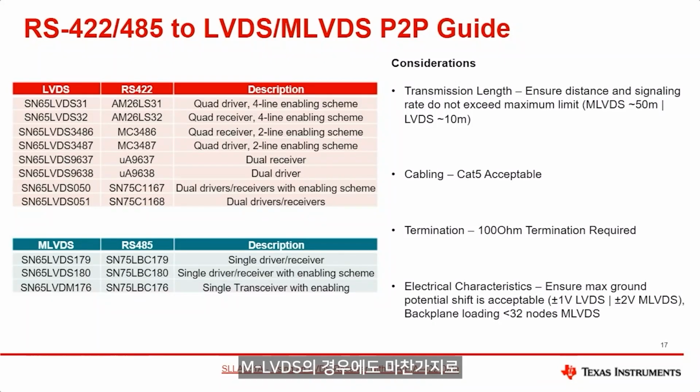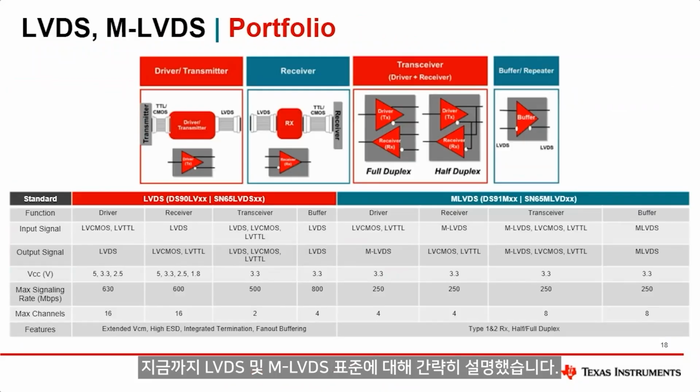And similarly for M-LVDS, we have pin-to-pin compatible RS-485 options as well. It's not a direct drop-in replacement. There are some design considerations to keep in mind across the transmission length, type of cabling used, the termination, and the various electrical characteristics. So that was a quick summary of the LVDS and M-LVDS standards.